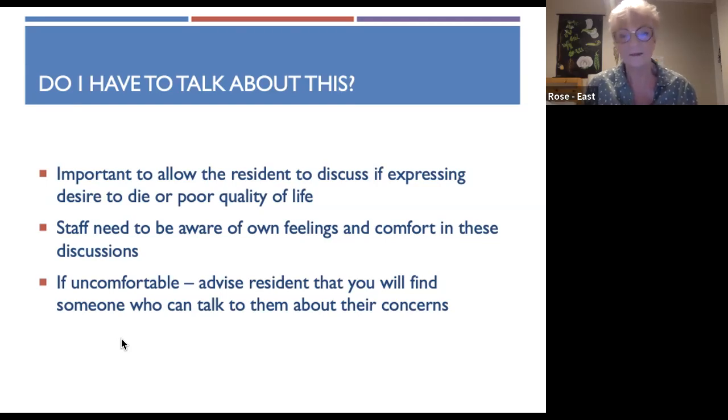They might feel like the family doesn't want to know, they don't want to talk about it because it's too confronting for them. You might be the only person in your resident's life that can be a listening ear for them. So just consider that this is such an important role that we as nurses play in this.